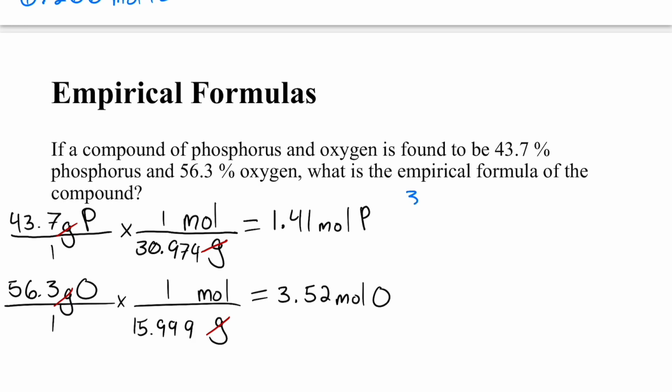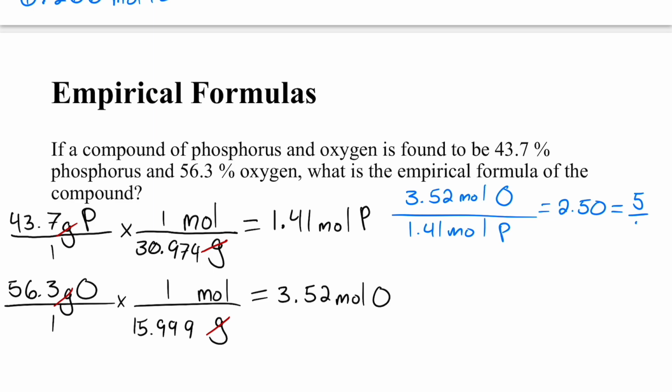So 3.52 moles of oxygen divided by 1.41 moles of phosphorus gives us an answer of 2.50 exactly, which is really convenient because 2.5 is a simple whole number ratio, right? 2.5 is the same as saying 5 over 2.